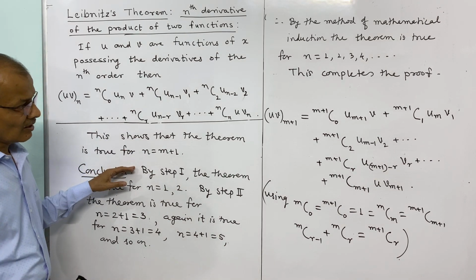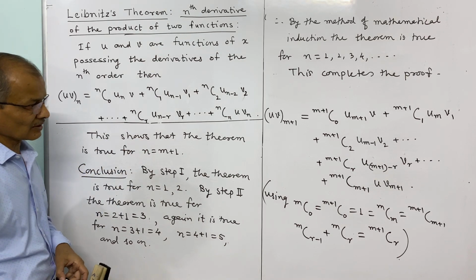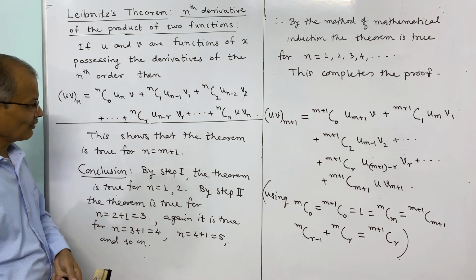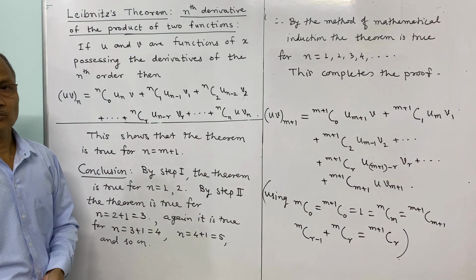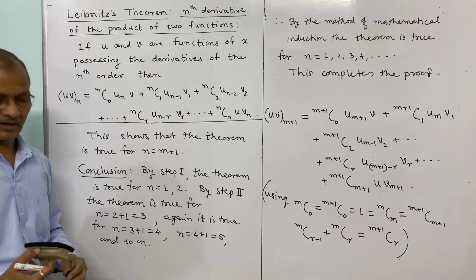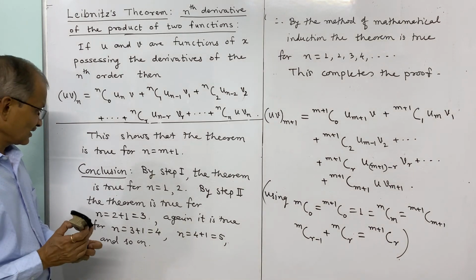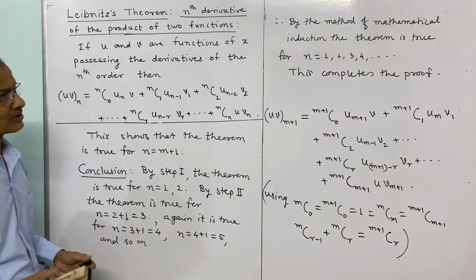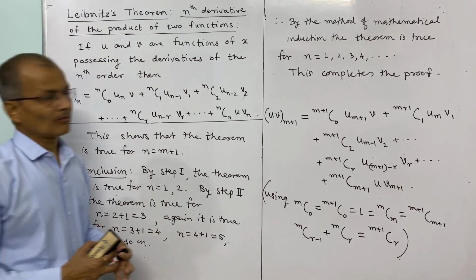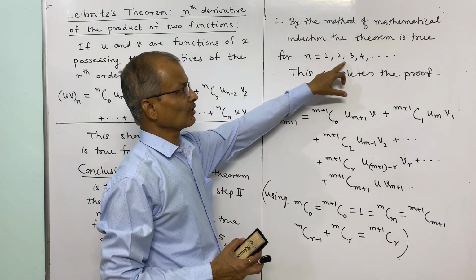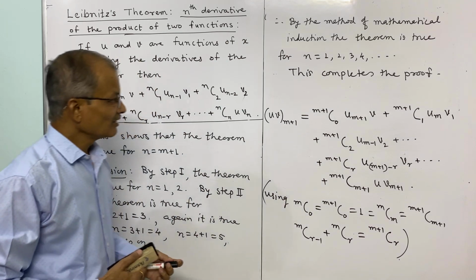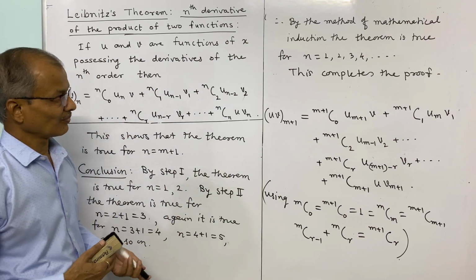We have used the results on binomial coefficients, and only the product rule. And two steps are there in the method of induction that we have used. By steps 1 and 2, the theorem remains true for every positive integer n equal to 1, 2, 3, etc. So this completes the proof.